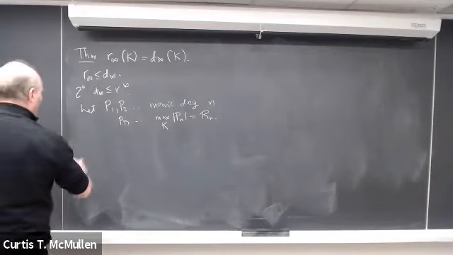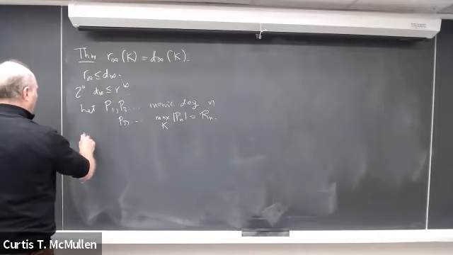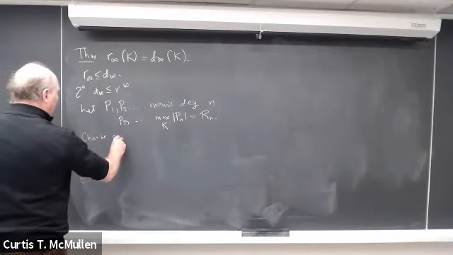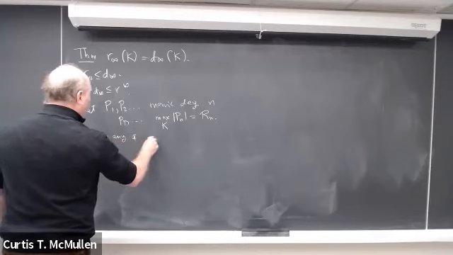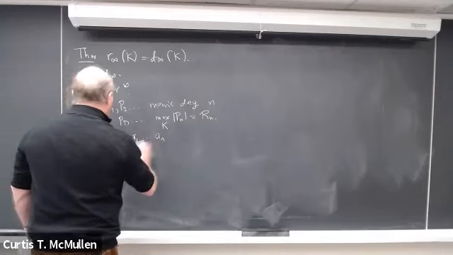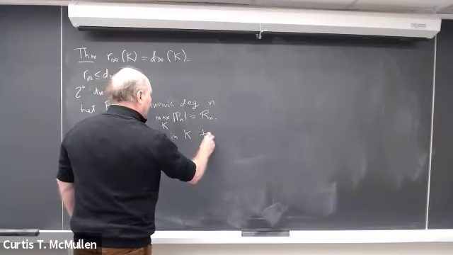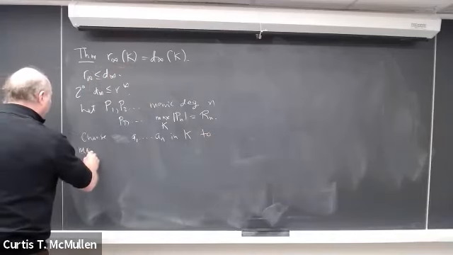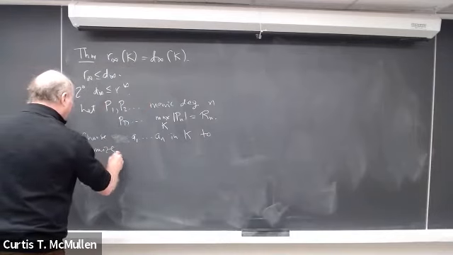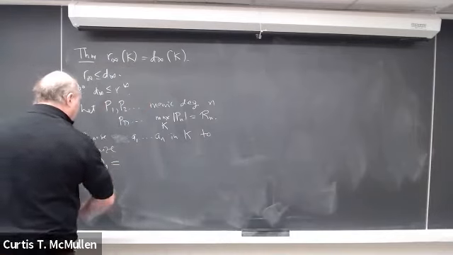And now comes our friend d_n. So we choose any a_1 up to a_n in K to maximize d_n. Now, what was d_n?